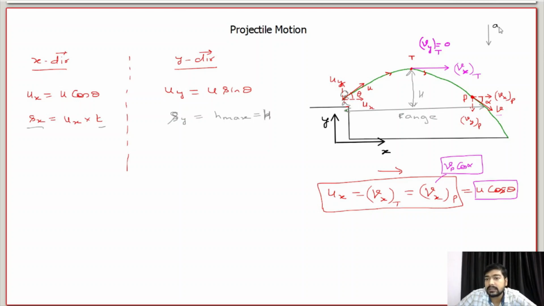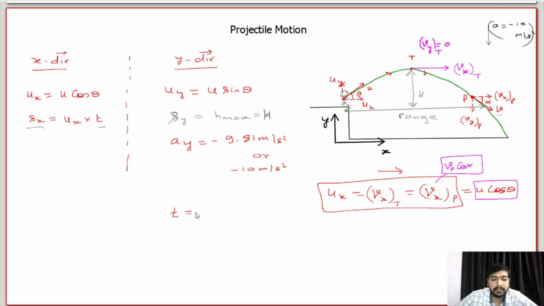It is minus 10 meter per second squared, or 9.8. That means ay is minus 9.81 meter per second squared, or 10. Whichever is given. If not given, we will consider 9.8.